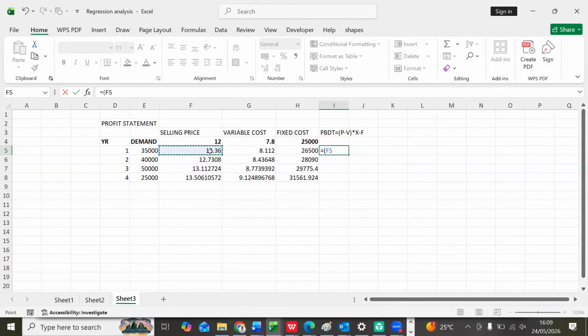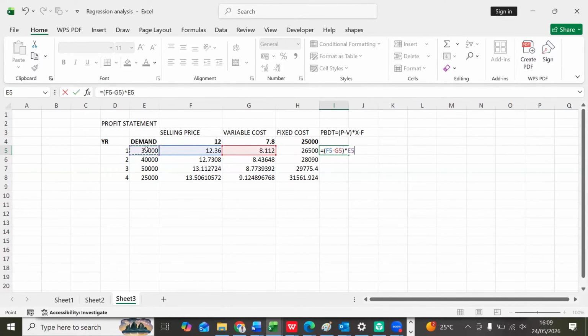We're interested in the current cash flows. So we say minus the variable cost for this one here. I close bracket. I say times, ladies and gentlemen, the demand. You see, this demand is my X, the quantity. So you say times this one here.